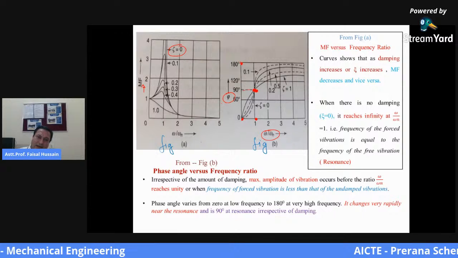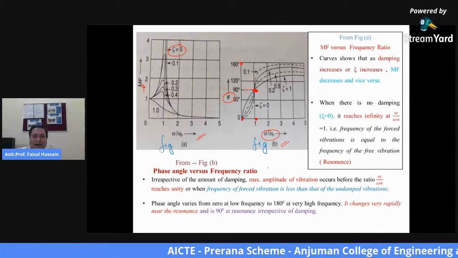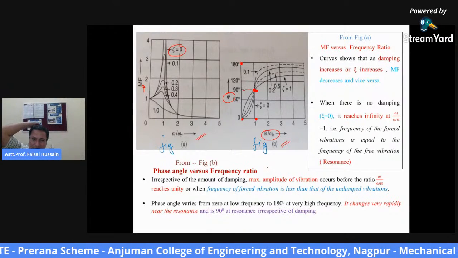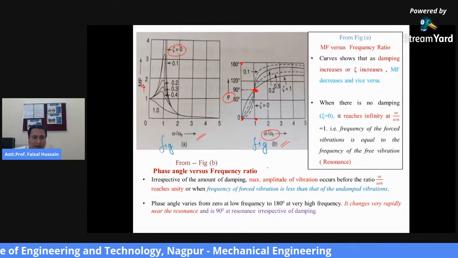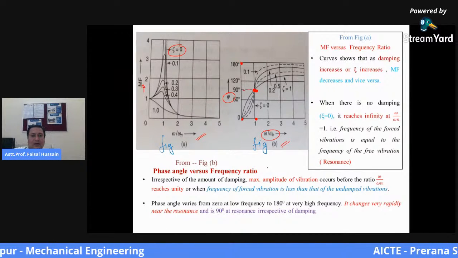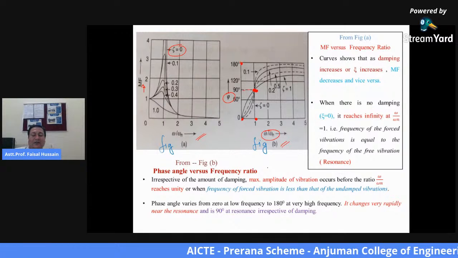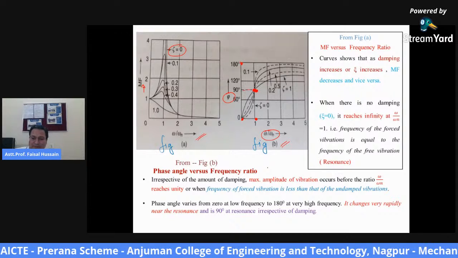Through graph A and graph B, we can see how resonance is occurring, and also how rapidly the phase angle changes with respect to the frequency ratio, from 0 to 180 degrees.